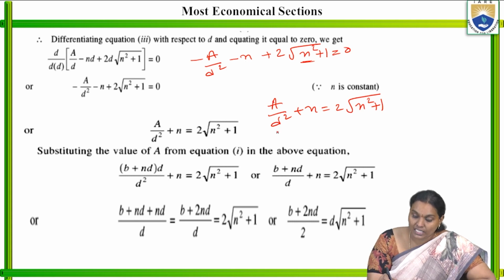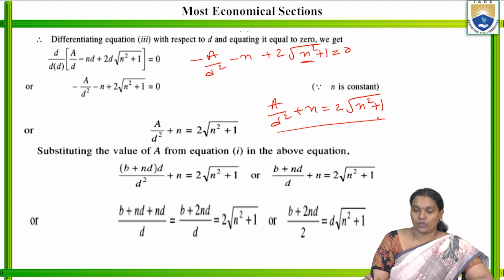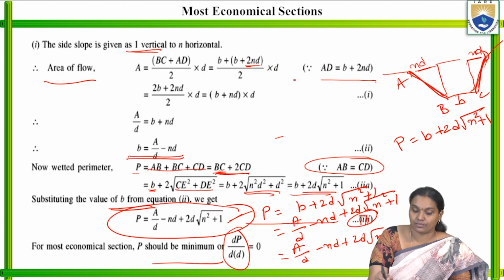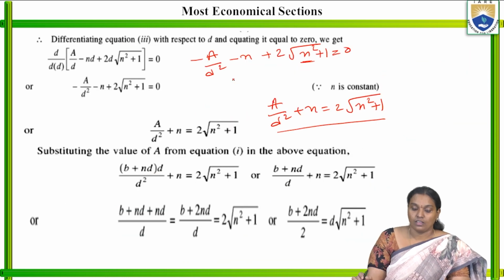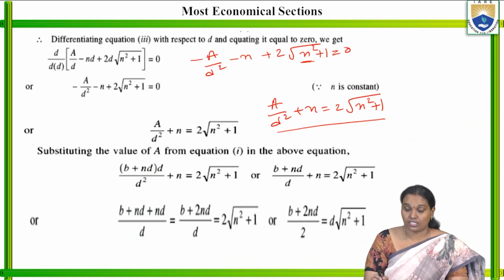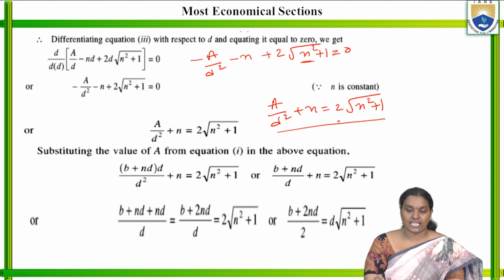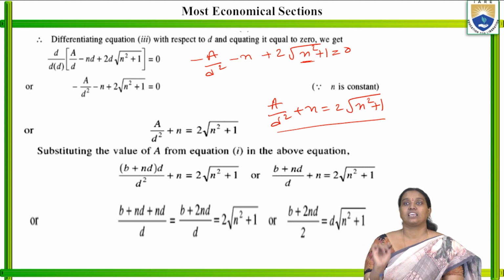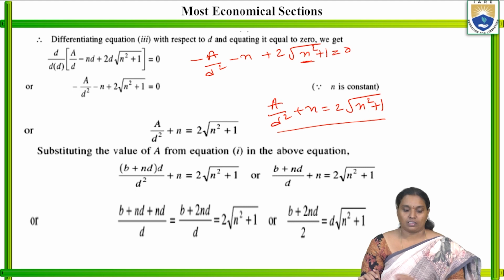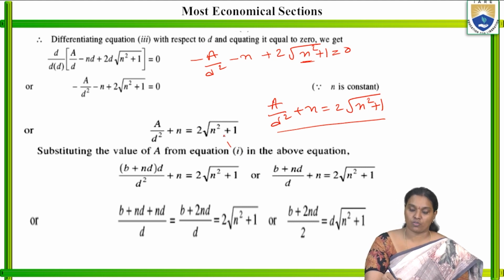Substitute A by D square plus n is equal to 2 root n square plus 1 using A from equation 1 in the above equation.